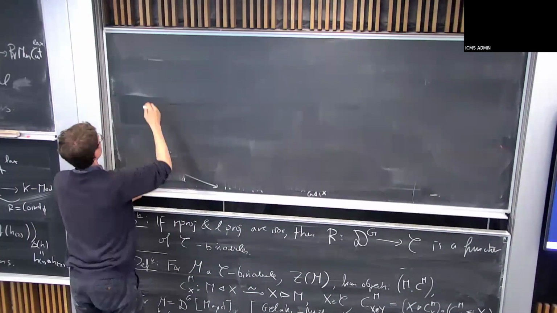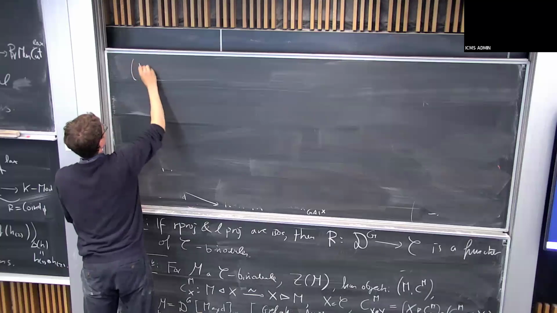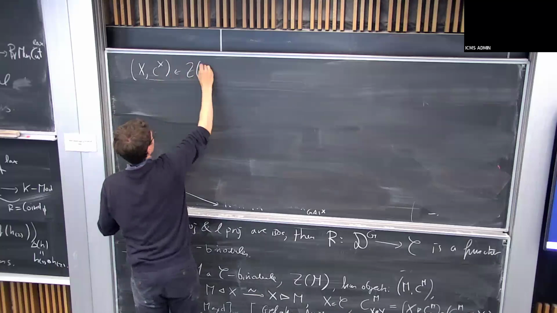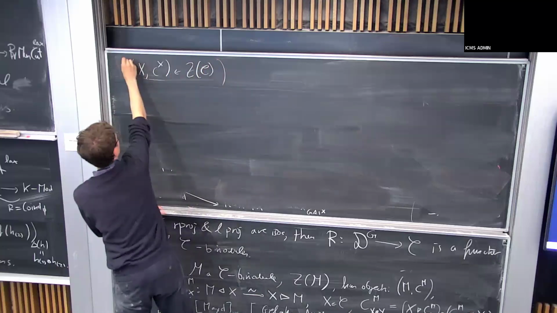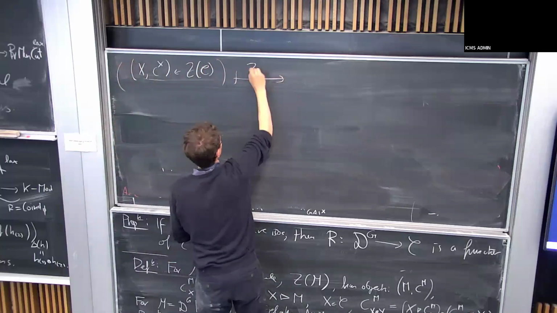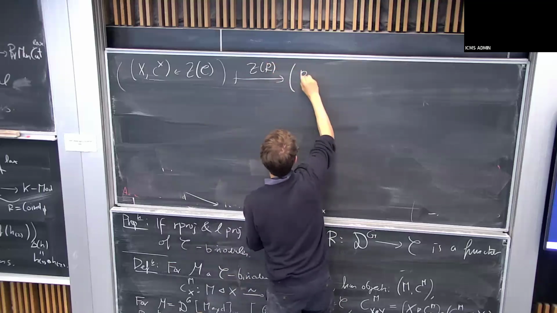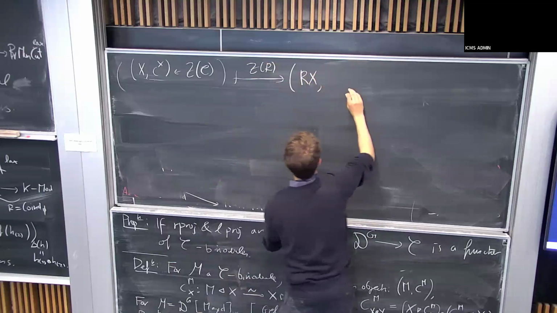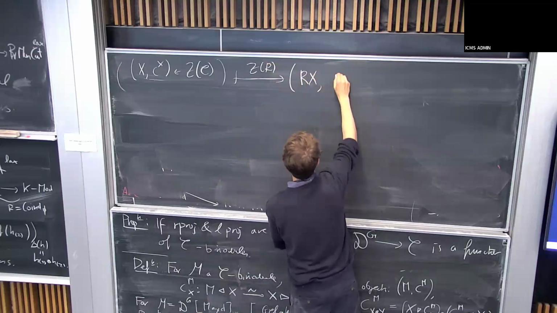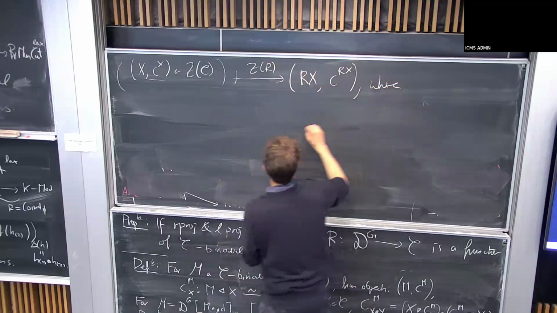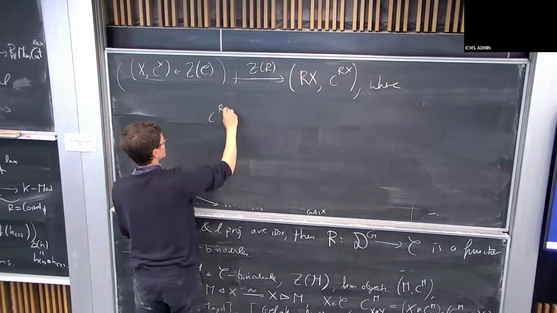I take an object x, c_x in Z of C, and this is mapped with this functor to the following object. So you apply the functor to the object component, and then we define the half braiding evaluated on some object A.